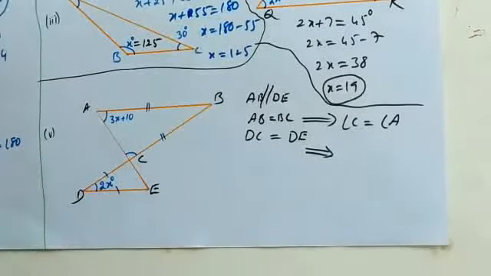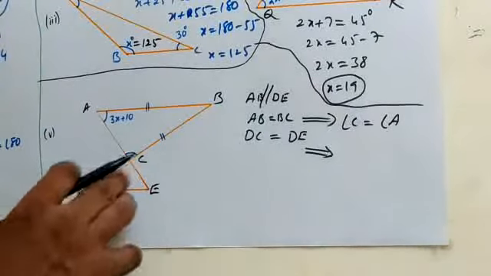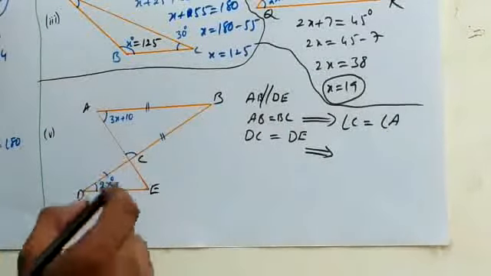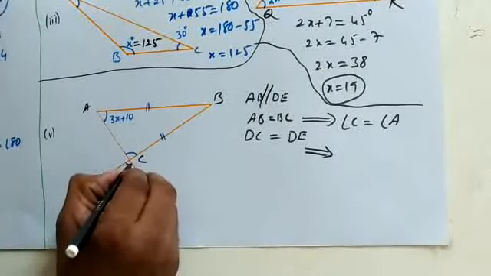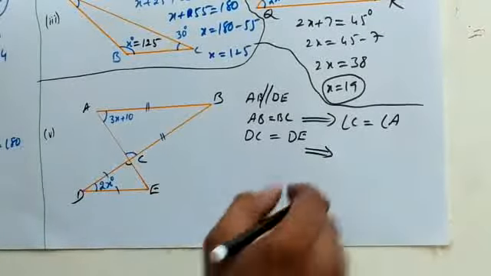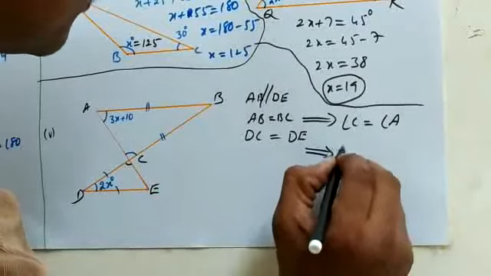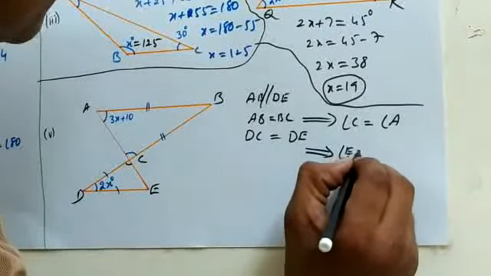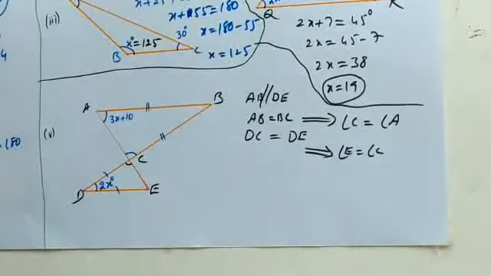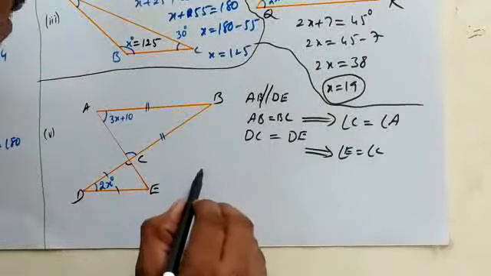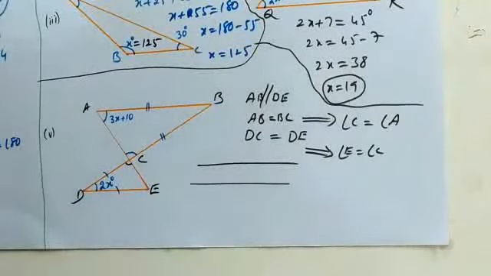Here angle E is equal to this angle, angle C. At the same time, two lines are parallel.